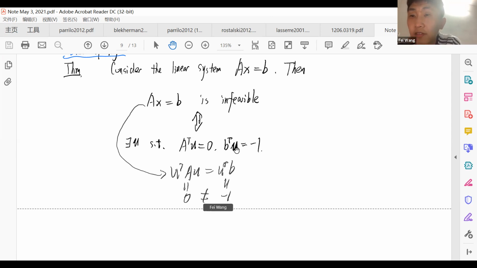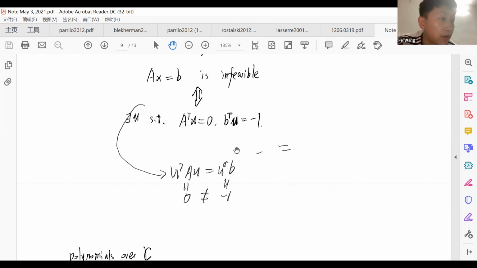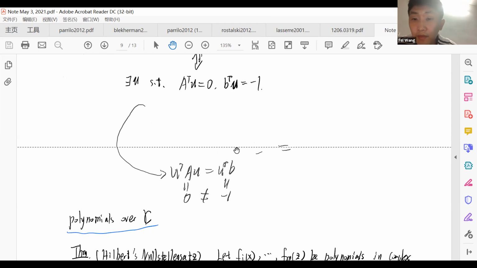So 0 is not -1. Therefore, if this condition holds, then certainly Ax = b is infeasible.